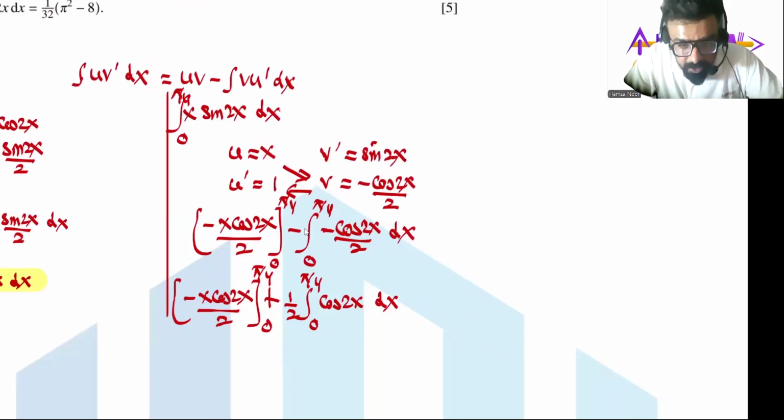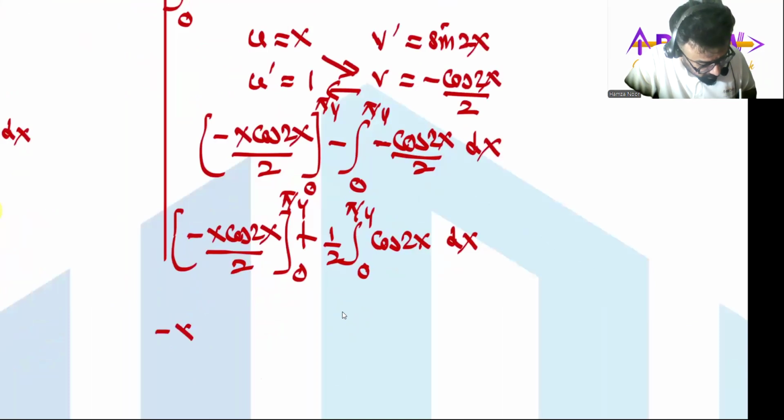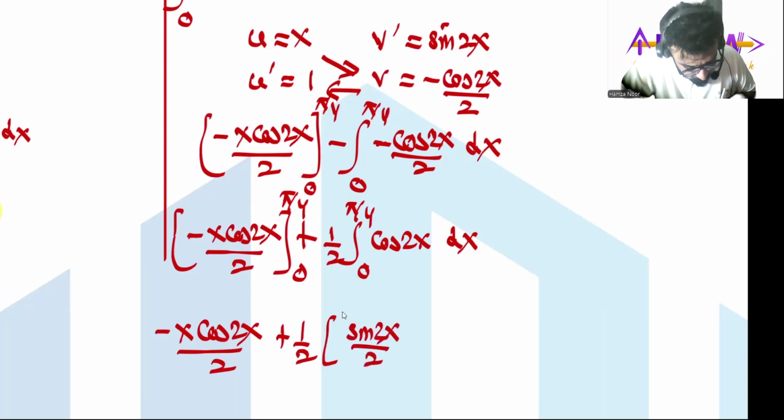Now we need to just integrate this cos 2x further, and this does not require integration by parts. This is basically the integration of a standard trigonometric function. Okay, so this means minus x cos 2x over 2 plus half times what? We integrate cos, so we get sine. So when we integrate cos 2x, we get sine 2x completely divided by 2.